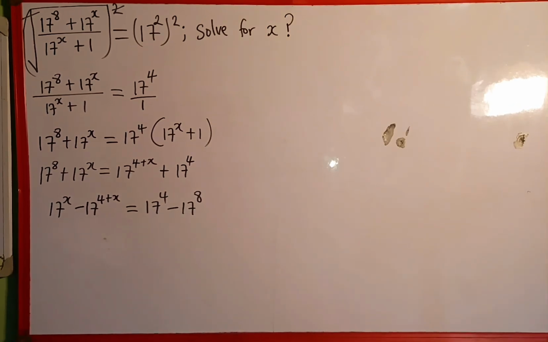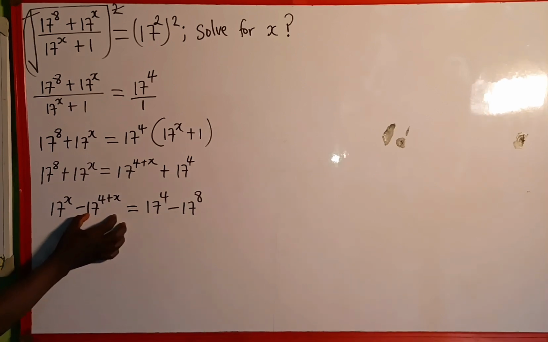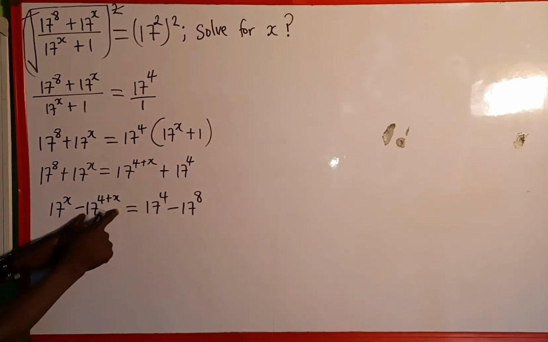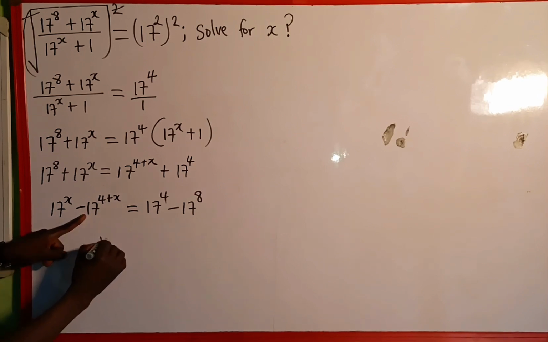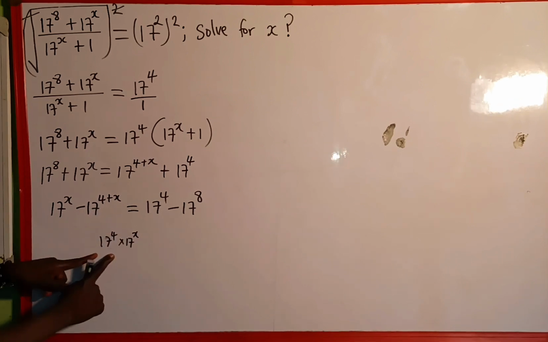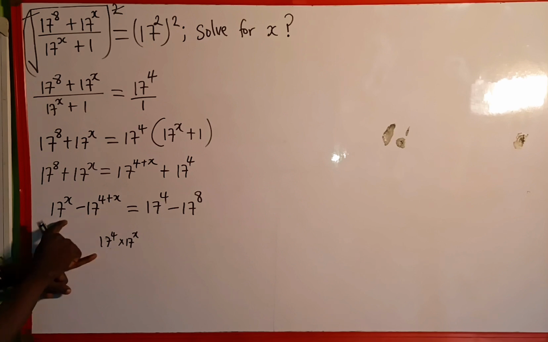Now the next thing we're going to do, as you can see here, we have 17^x, and here also we can get 17^x, because this term alone can also be written as 17^4 multiplied by 17^x. This is equivalent to this. So here we can factor out 17^x from here because they are common.